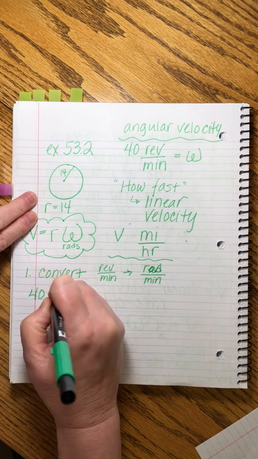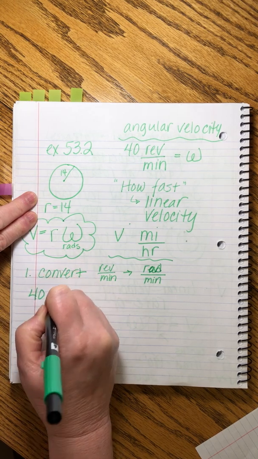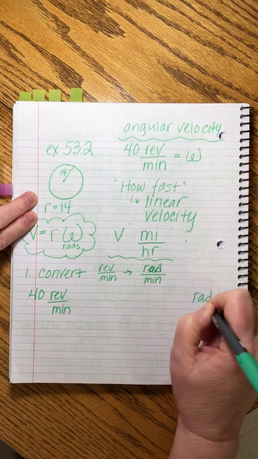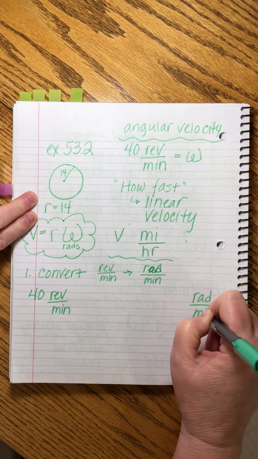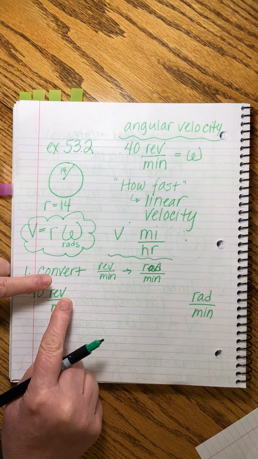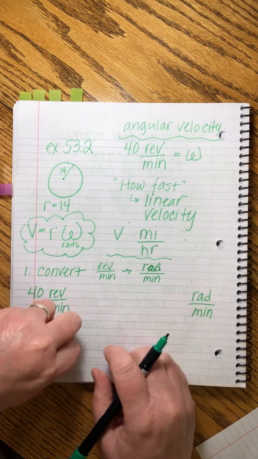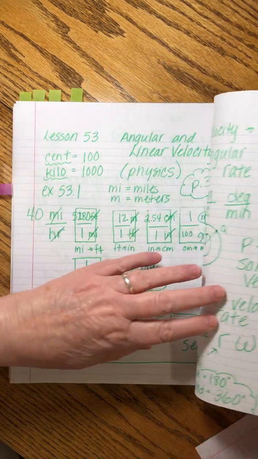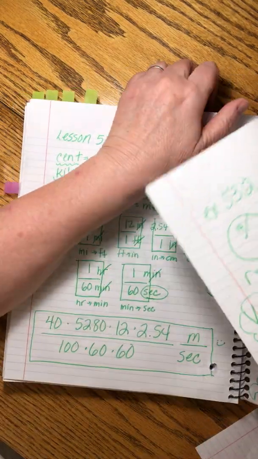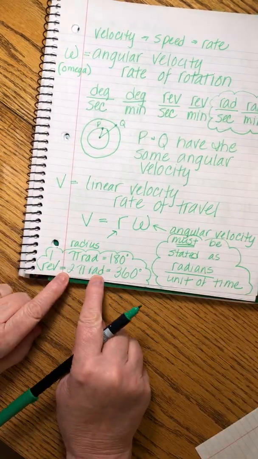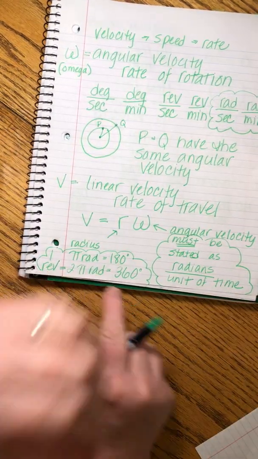It's 40 revolutions per minute, and we want to change it to rads per minute. All we have to do is adjust the top. We have to figure out the connection between revolutions and radians, and it's right back here: 2 pi rads equals 1 revolution.